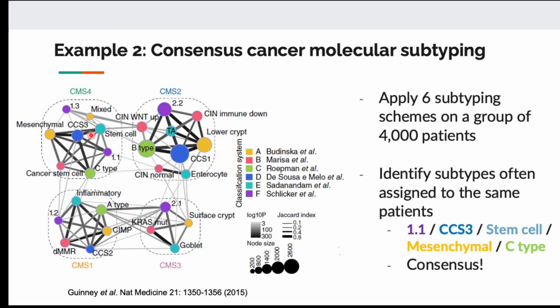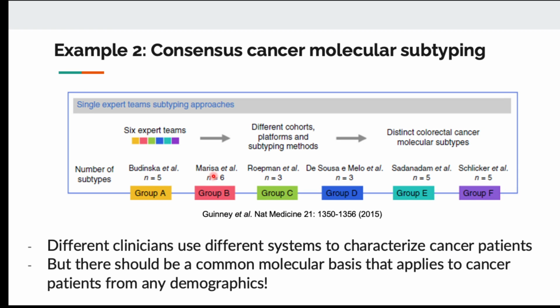So in essence, there are 4 major subtypes in the world, and some hospitals classify this subtype into 2 groups, mesenchymal and mixed, or 1.1 and 1.3. But some hospitals group them together into just a single subtype. And that explains the difference in the number of subtypes across the hospitals, like from 5 to 6 to 3, 5, 5.